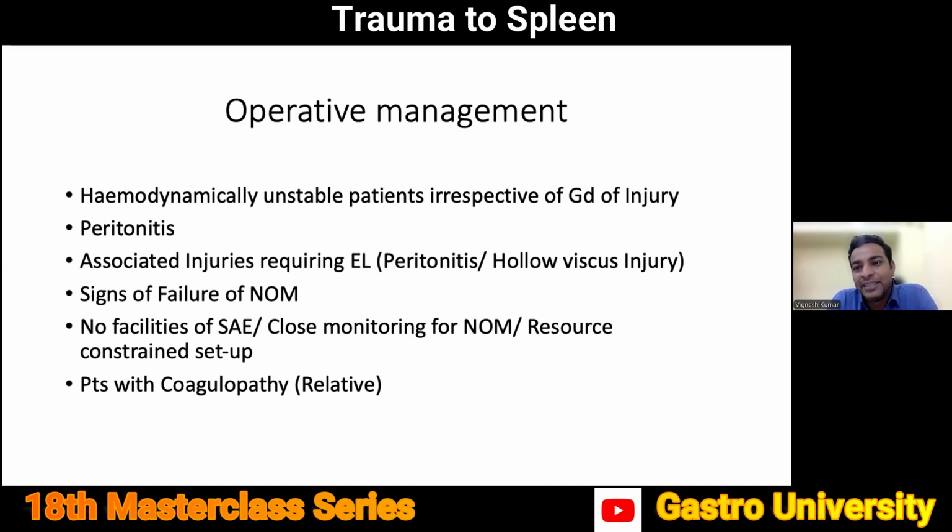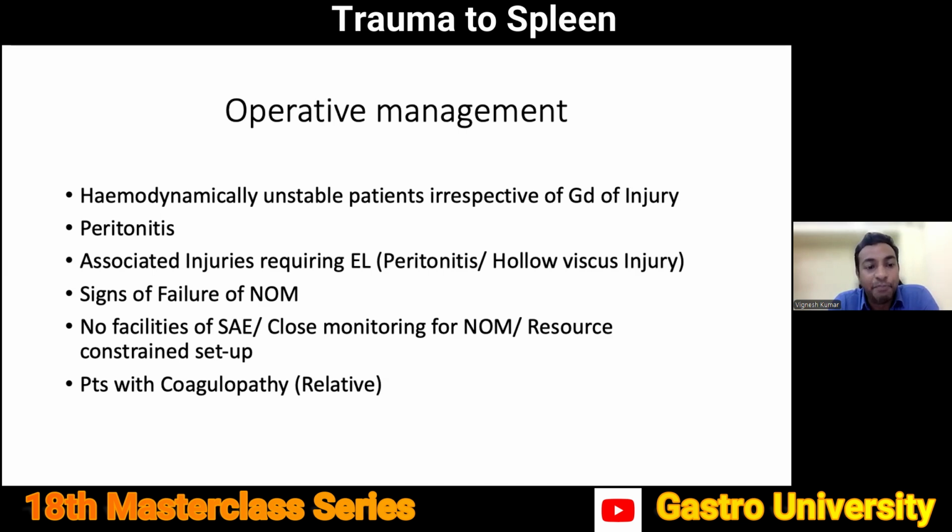So it is majorly reserved for patients who are hemodynamically unstable, irrespective of the grade of injury. The grade of injury does not matter at all. One should be taking a decision for operative or non-operative management based on the hemodynamic status.